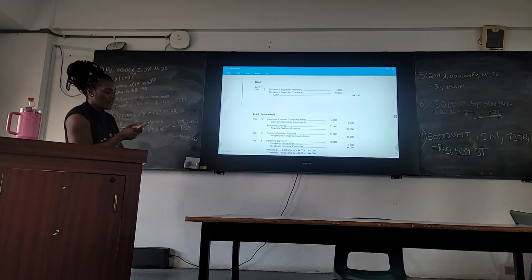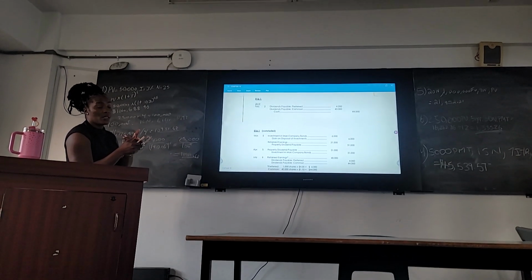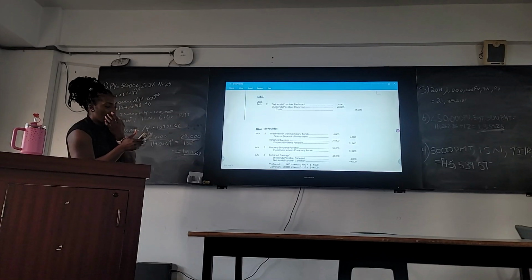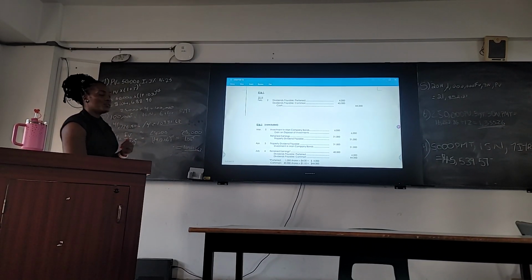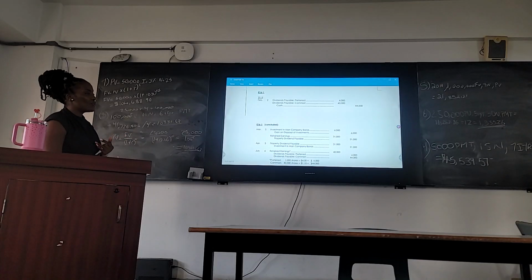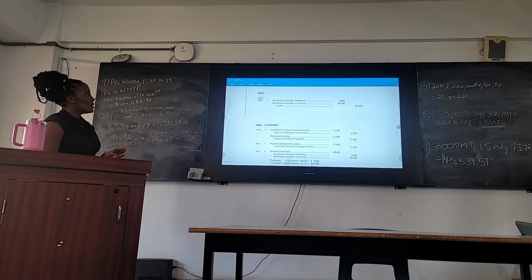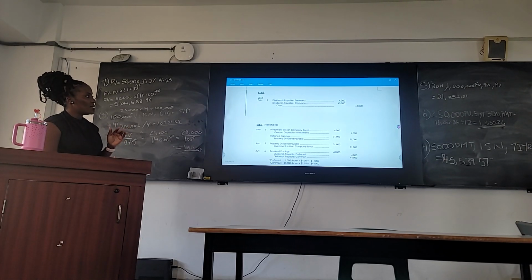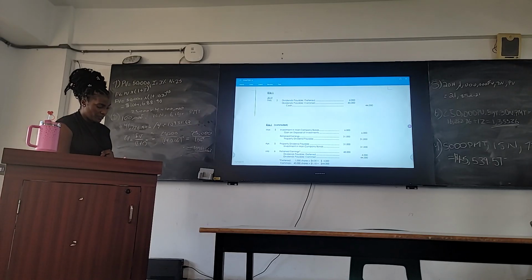So here they had the dividends payable preferred, 4,000, and dividends payable common stock, 40,000. So they had already given us the payable accounts, so they're paying on this obligation. If they're paying an obligation, you debit the liability and you credit cash, since it's cash that they're paying with and not property or anything else. So debit each one of the dividends payable and credit cash for the sum of the two.